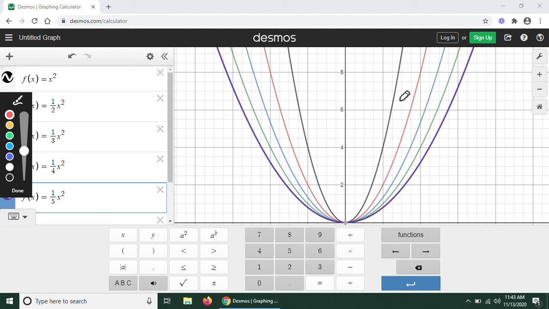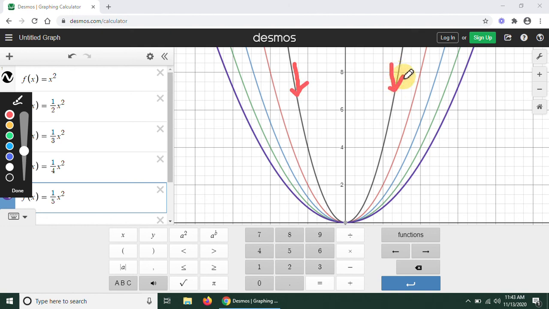Now, why is the word vertical used in this case? Why is it a vertical compression? Notice I said that the process resembles someone pressing down on the original graph. But notice the direction of the arrows.